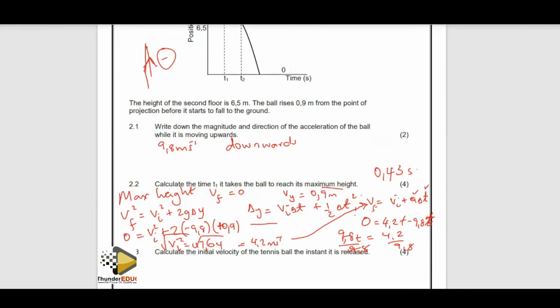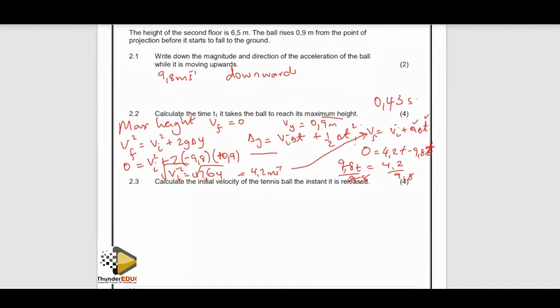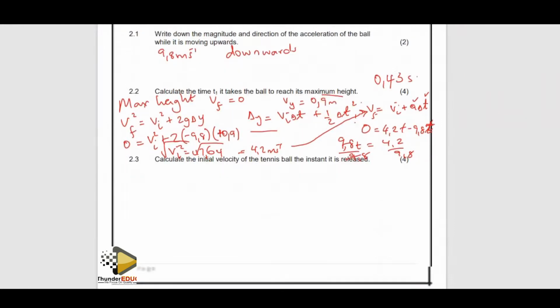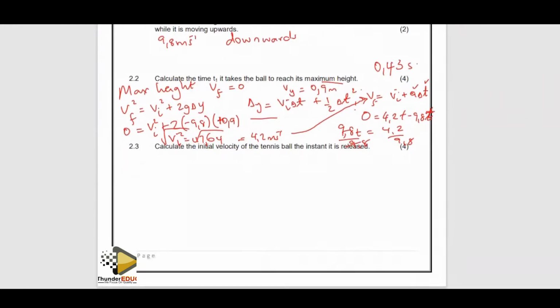Okay, and then 2.3, they want us to calculate the initial velocity of the tennis ball at the instant that it's released. So we've already calculated that, which means we've used a very long approach, which has already even answered the next question, but it's fine.